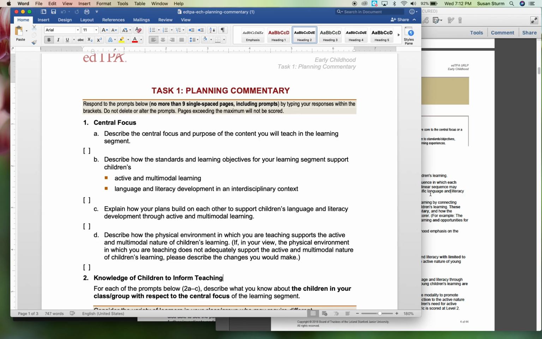So it could be something like descriptive words in writing narrative passages or something like that. So this is a pretty easy one. You're just going to talk about what the content is. And then the purpose of the content should connect out to something focused on literacy. So what's the purpose, language and literacy, of that content, of that central focus?